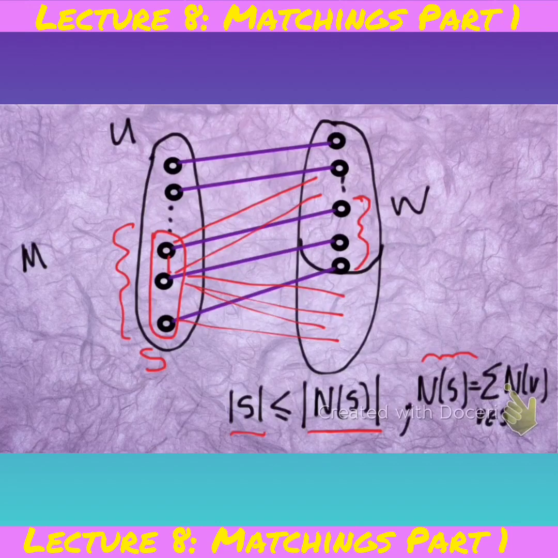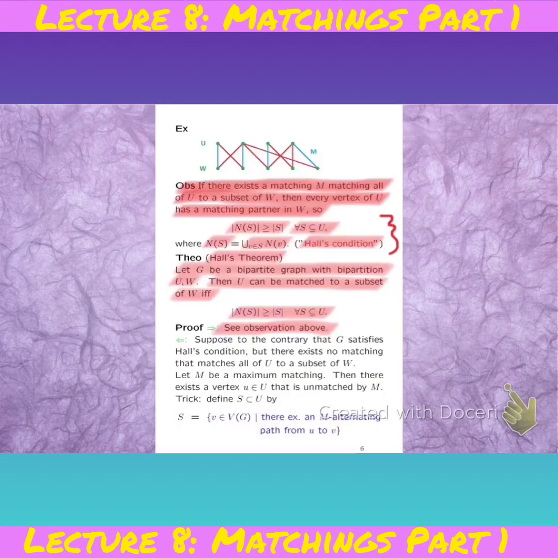By counting the matching partners of the vertices in S, those matching partners are obviously going to be counted in the neighborhood set of S as well. So the cardinality of the neighborhood set of S is at least as big as the cardinality of S. All we need to do is prove the reverse.